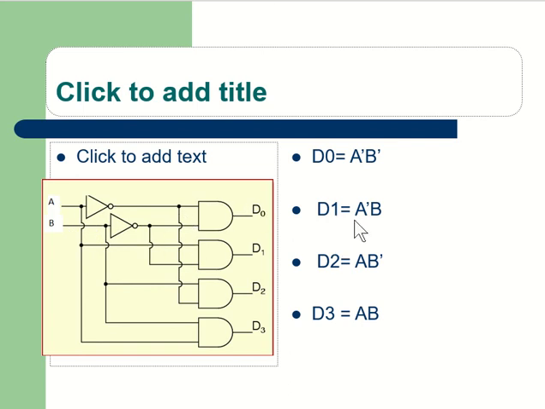Similarly for D1 it is A bar B. Similarly for D2 it is A B bar.